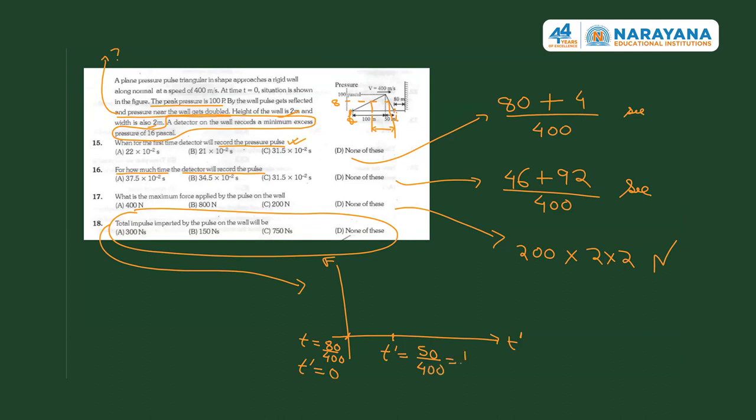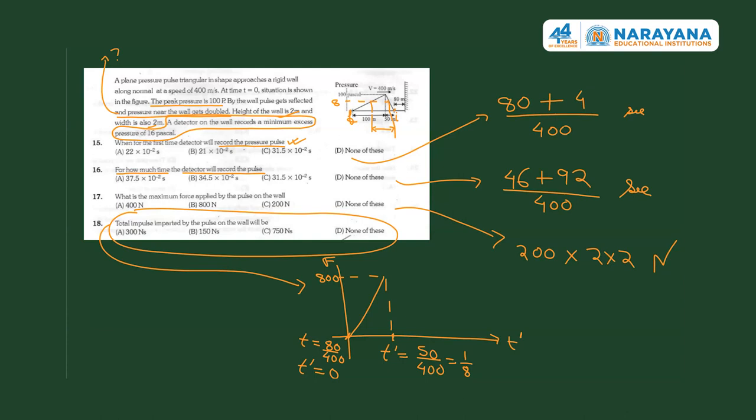So that is 1 by 8. Till 1 by 8 seconds, this signal will reach, and the maximum pressure that will reach there is 100, and the face area is 4. So it exerts 400 newtons, but it is doubled. So this graph becomes 800 newtons.